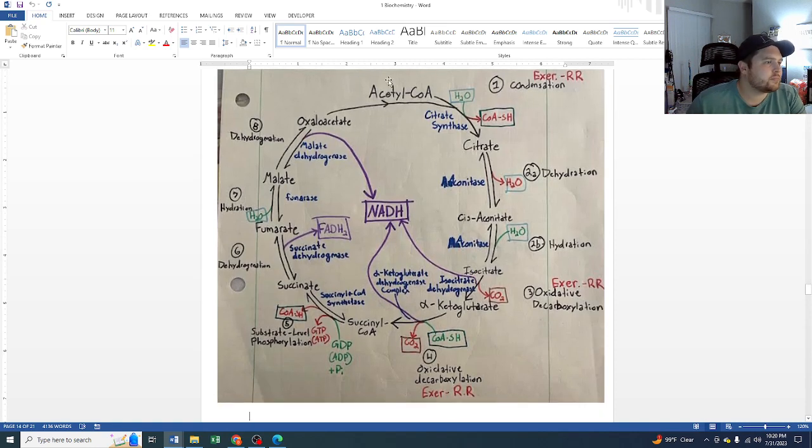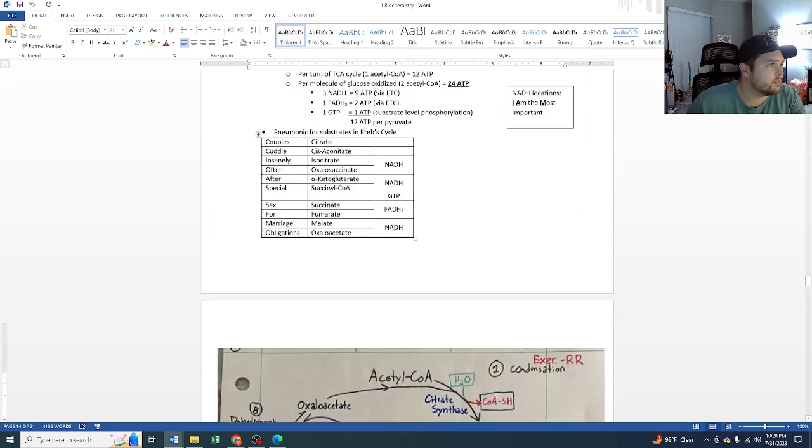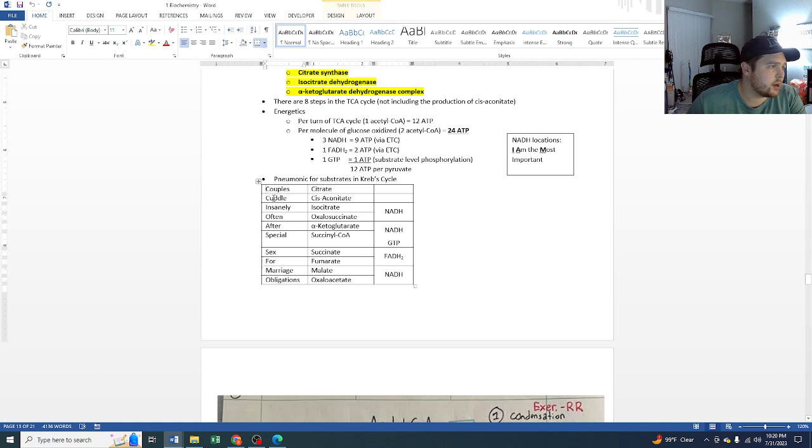Okay, so we're following the pathway. Acetyl-CoA comes in and goes through citrate synthase into citrate. We get cis-aconitate, isocitrate, alpha-ketoglutarate, to succinyl-CoA, to succinate, to fumarate, to malate, and to oxaloacetate. Remember the mnemonic for this: couples cuddle insanely often after special sex for marriage obligations.